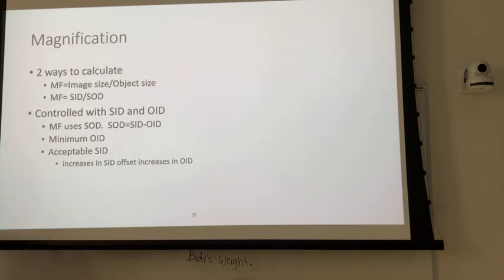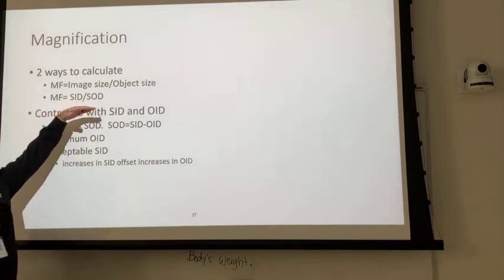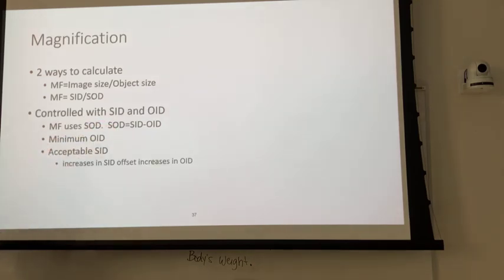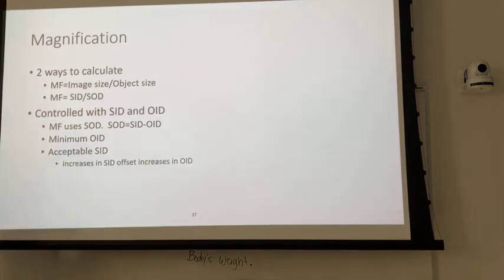So if you ever see a magnification factor calculation where you have to calculate using SID and SOD, you'll probably be given SID and OID, but what you're going to have to do is subtract OID from SID to get SOD and divide that into SID, okay? So your magnification factor is always going to be greater than 1, okay?